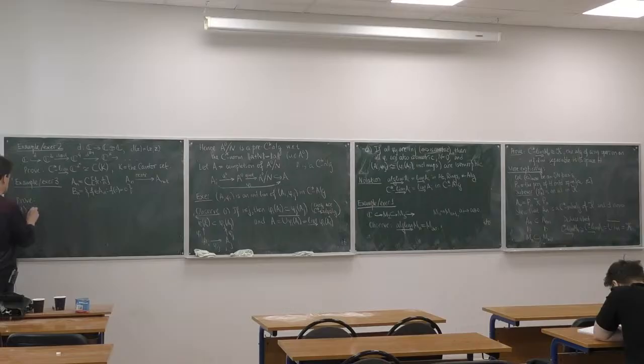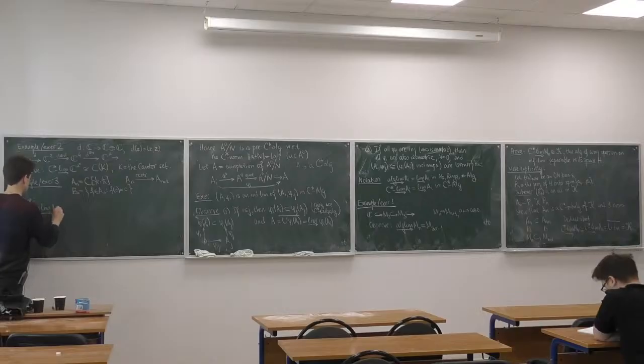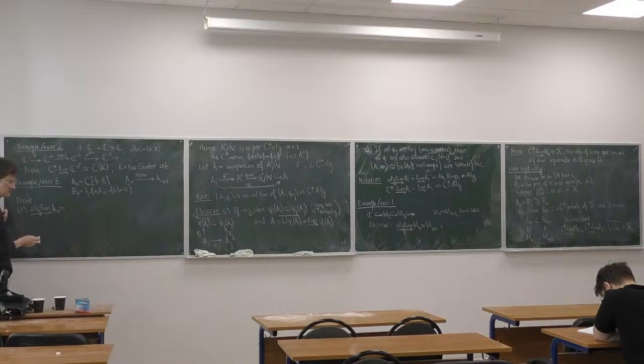So if we take the algebraic inductive limit of our sequence An, then it's easily seen that this is nothing but the algebra of germs of continuous functions at 0.